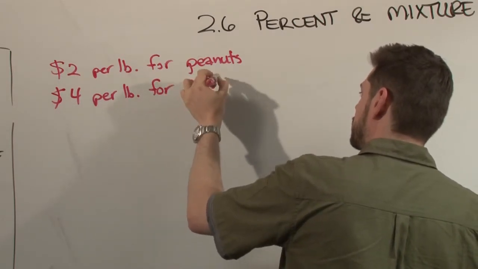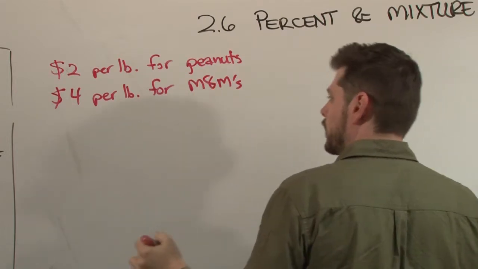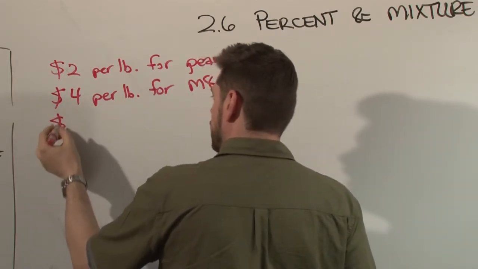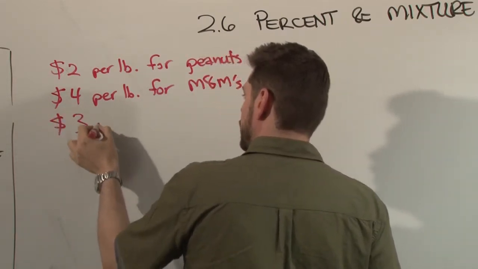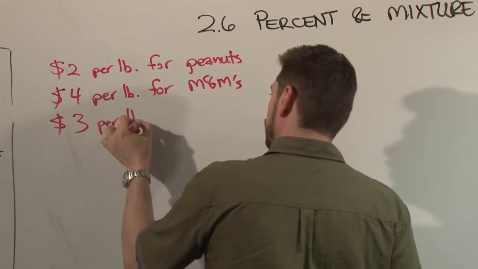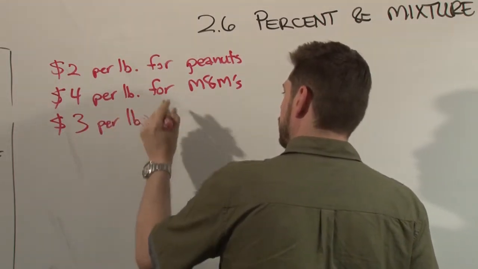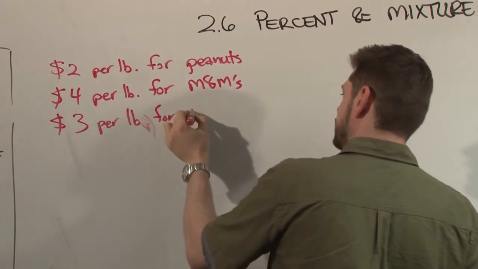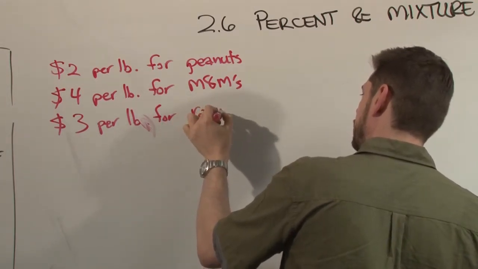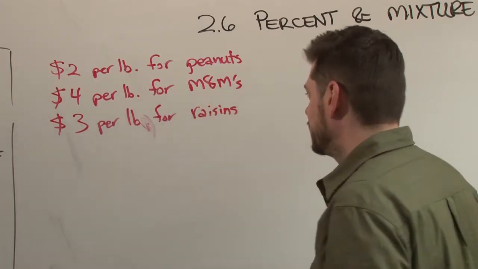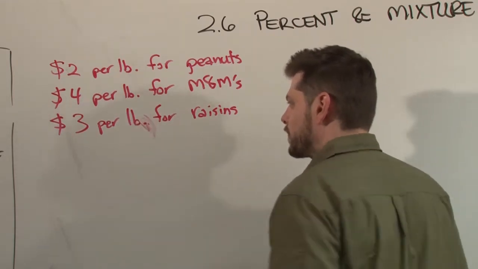The bad part of the trail mix. And let's say that it costs us $3 per pound for raisins. Okay? Classic, basic trail mix.